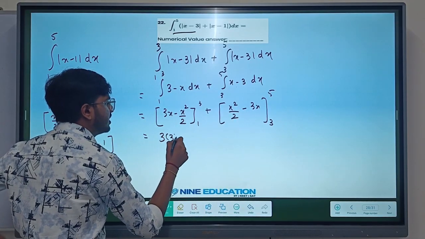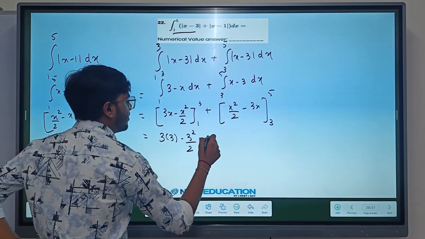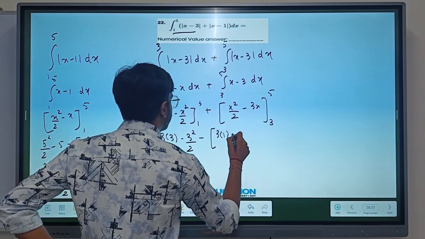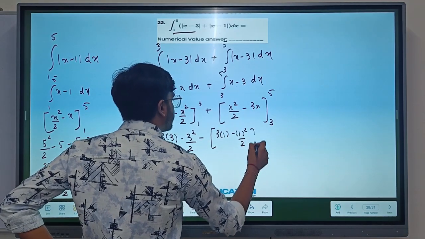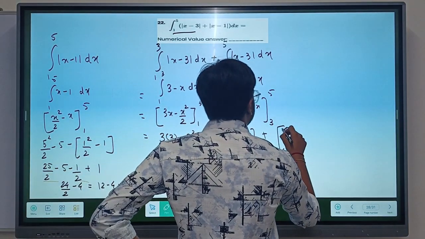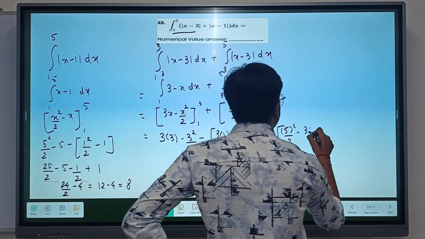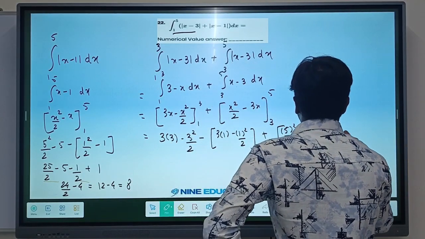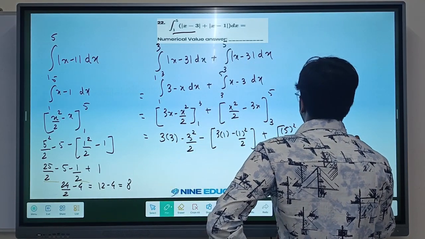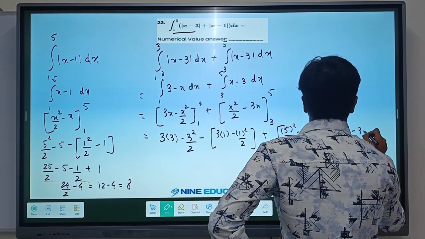Substitute 3 into 3 minus 3 square by 2, minus of 3 into 1 minus 1 square by 2, plus 5 square by 2 minus 3 into 5, minus 3 square by 2 minus 3 into 3.